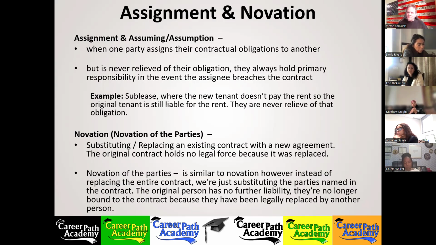If they don't pay the rent or they violate the lease, one of the lease contractual terms in any way, you're the one I signed the contract with, so you're the one that's still going to be held liable. You're never relieved of that obligation, even if you're subleasing to someone else. Got it? You always hold primary responsibility.